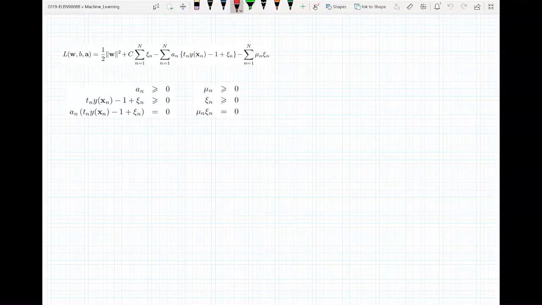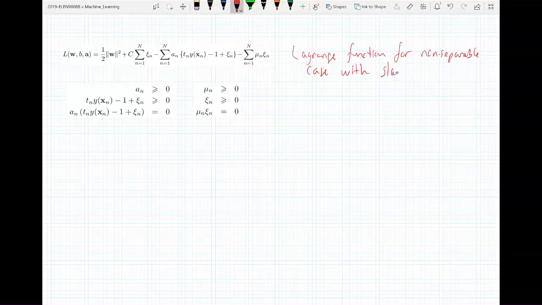So this is the Lagrangian, the Lagrange function for the non-separable case, the case with slack variables psi n greater than or equal to 0, right? And those are handling the points that are possibly violating the margins.